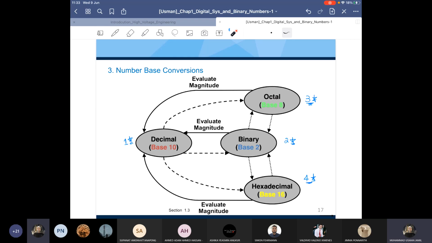So these things we can do, but first we will do decimal to binary, decimal to octal, and decimal to hexadecimal. The conversions related to octal and hexadecimal we will do in the next section, section number 4, not section number 3. So now we have 4 numbers and we can do the conversion from decimal to binary, octal, and hexadecimal.